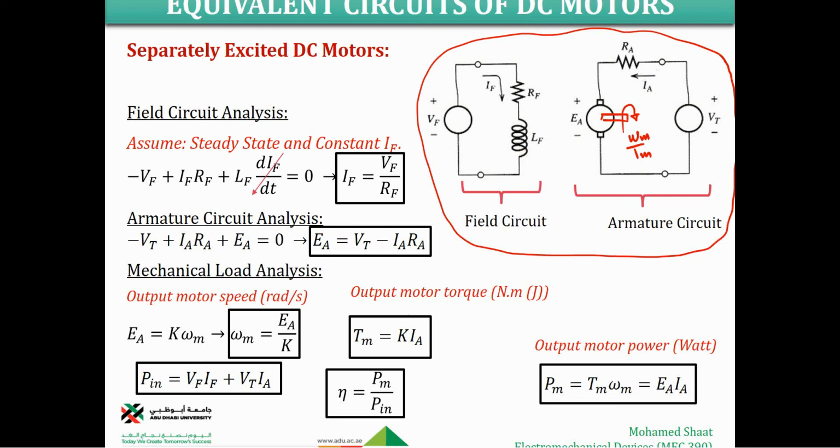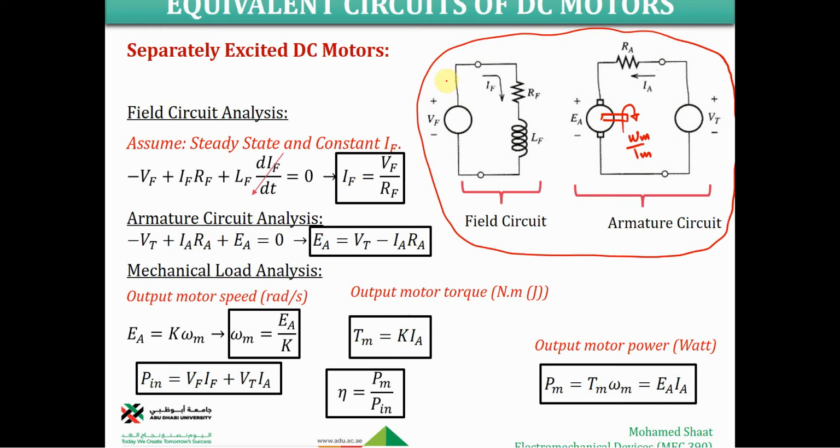Because as you know, power is related to energy. It is energy per unit time. So simply, if you already know the power, that's enough to know exactly how much mechanical power can be generated for a given input electrical power.